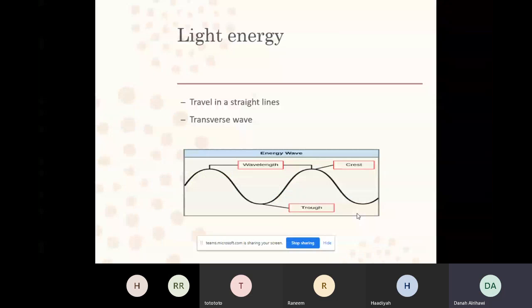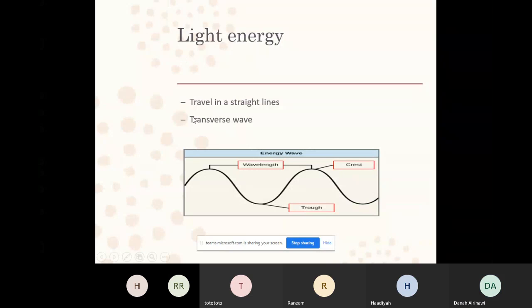Now we said that light travels as a wave, and it has a special wave: a transverse wave. To make it easy for you, in sound we call the wave longitudinal, so there are no two L's together.